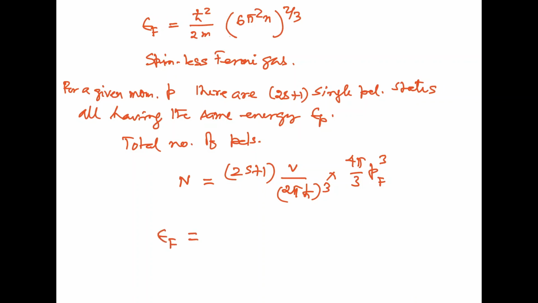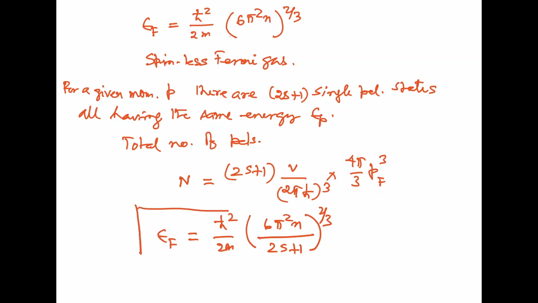And the expression for Fermi energy changes, and that becomes epsilon F equal to h cross square by 2m into (6 pi square n divided by (2s plus 1)) to the power 2 by 3. So for particles with spin s, the Fermi energy is given by this equation.